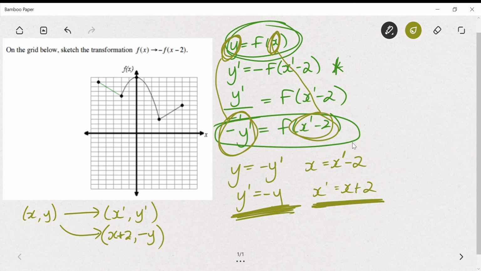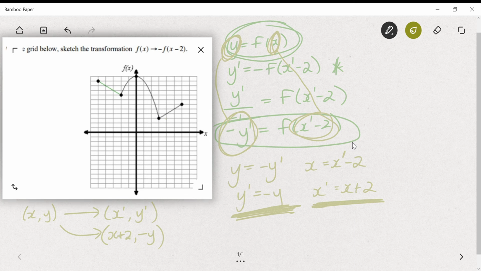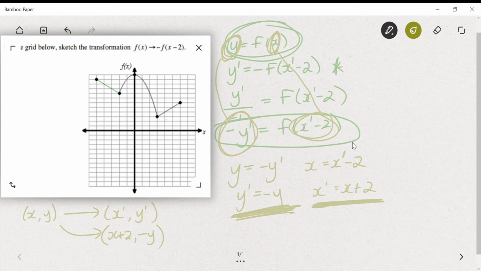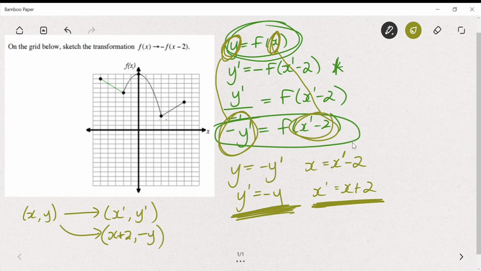I can take this point here, and x plus 2 means it goes across 2 units, and minus y means reflect it down in the x-axis. So it's 1, 2, 3, right there. Whoops. So I've got to redo that because I moved the thing.